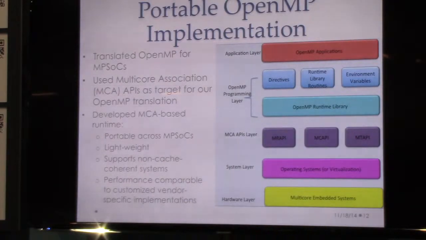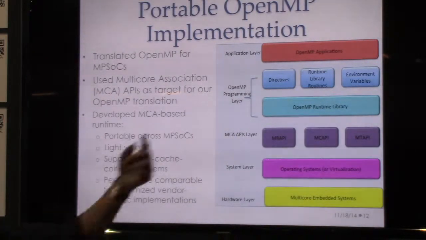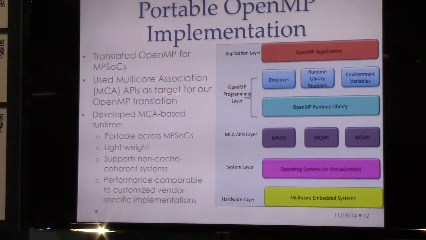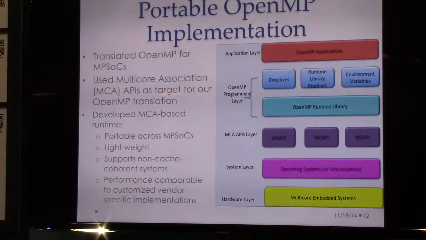At a very preliminary level, what we did was we used an OpenMP application, and of course it's a multi-threaded application. You have those directives and so on. And we targeted OpenMP's translation to the MCA layer underneath. So there is OpenMP, there is MCA, and the MCA layer has a vocabulary of: is there an operating system, is there no operating system, what kind of memory do you have, is it shared memory, is it remote memory.